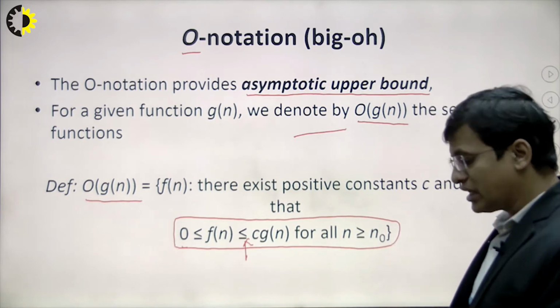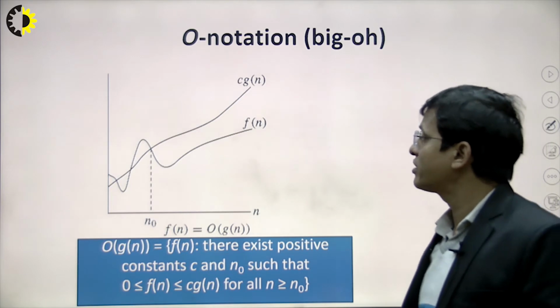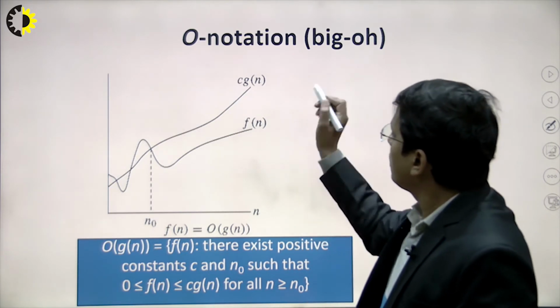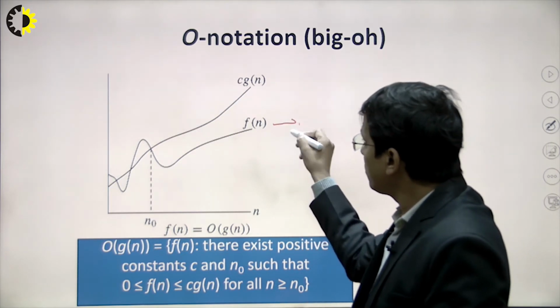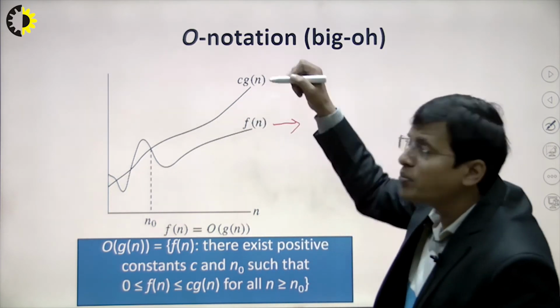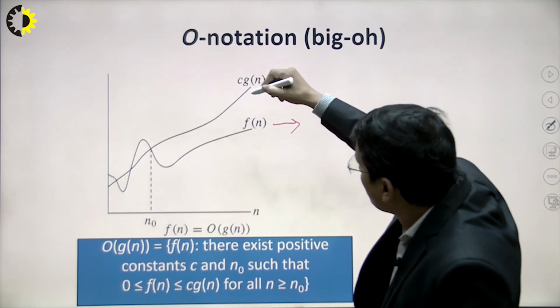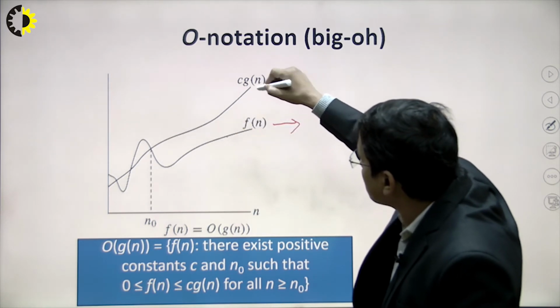Now we can see the graphical notation of Big O notation so that you can understand better, right? This is the function we get from the algorithm. Now we have to find the maximum reach of this function, for which we require the g of n function.